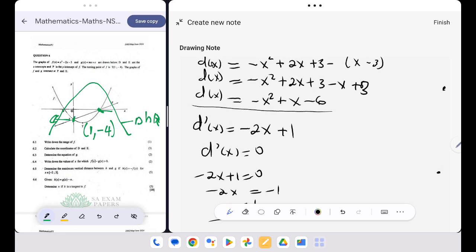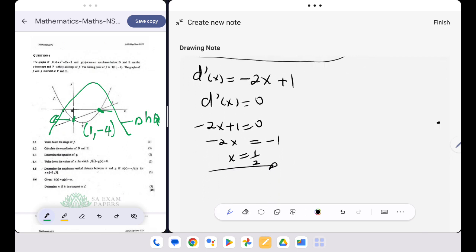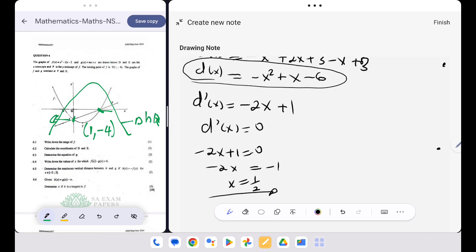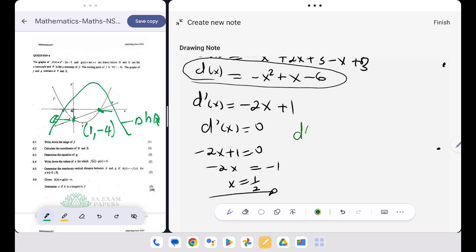And this equation here is the one that can give me the vertical distance between the two graphs anywhere on the Cartesian plane. And so now I know that my maximum distance, let me write in green, I will get it when x is a half.